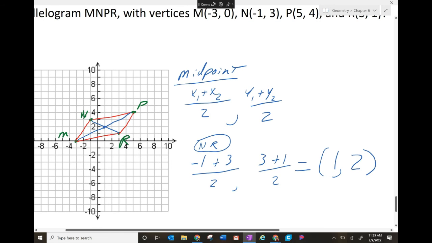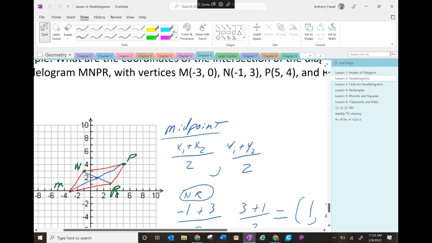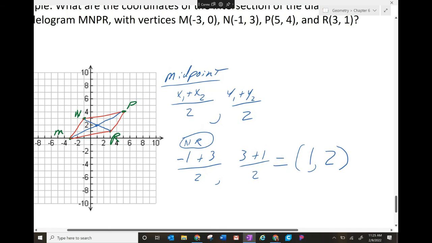What if we chose 2 other letters? What other 2 letters could we choose? Perfect. P and M, the other 2 opposites. I'm going to grab a different color just to show that you could have chosen those other 2. The P and M, I could have -3 plus 5 over 2.